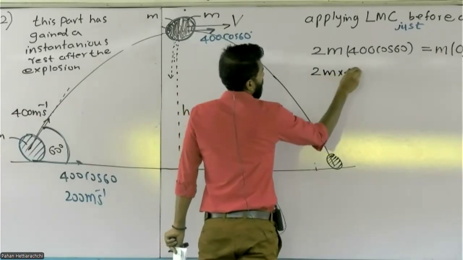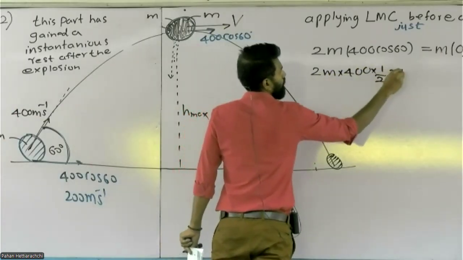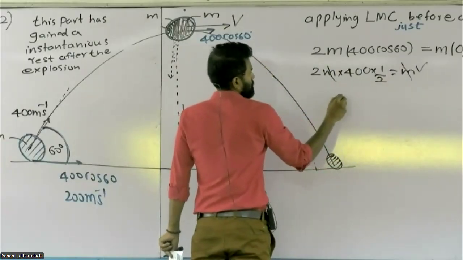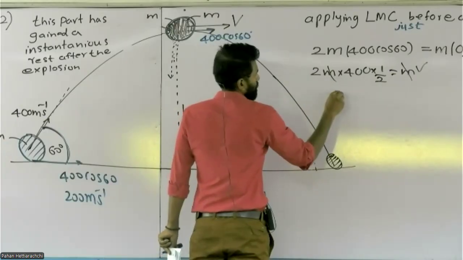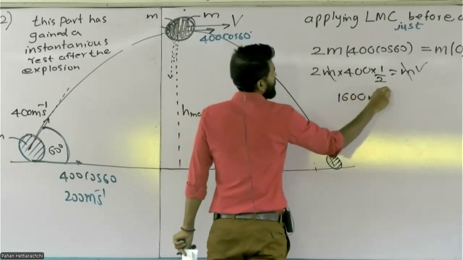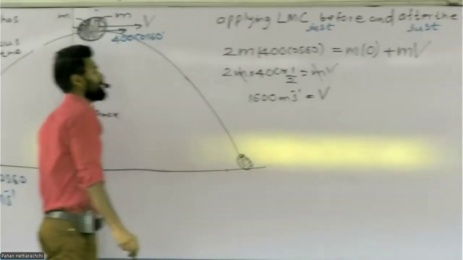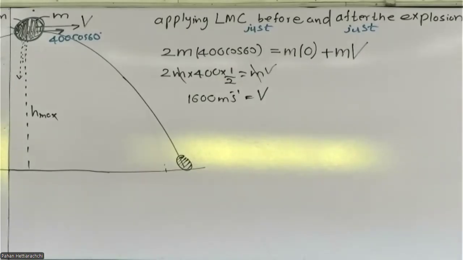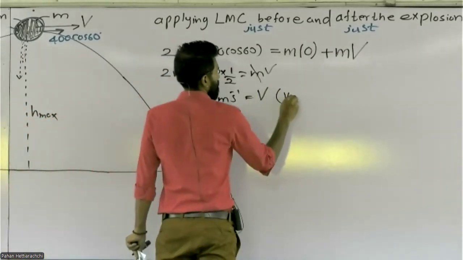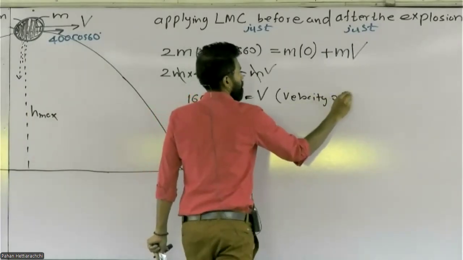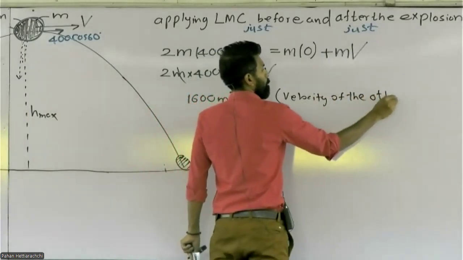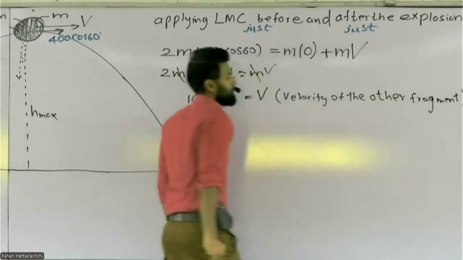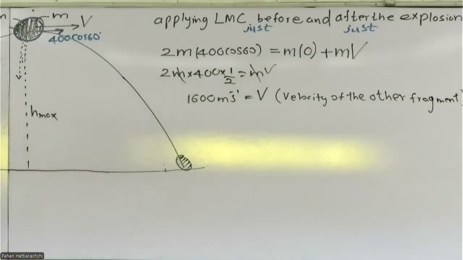2m into 400 into half equals mv. m will cancel out. 400 meters per second will be the velocity of the other fragment after the explosion.